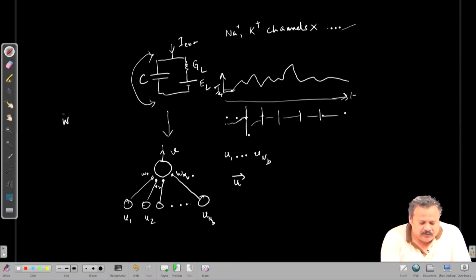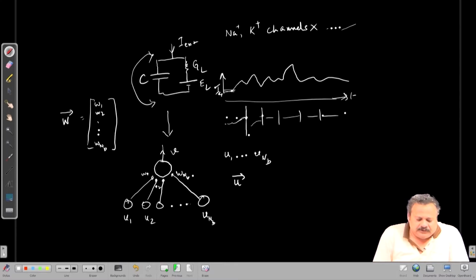W is now a weight vector made up of the elements W1, W2 up to WNB, where NB is the number of inputs.